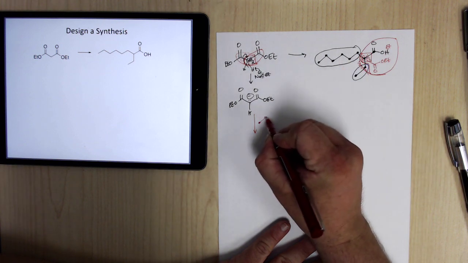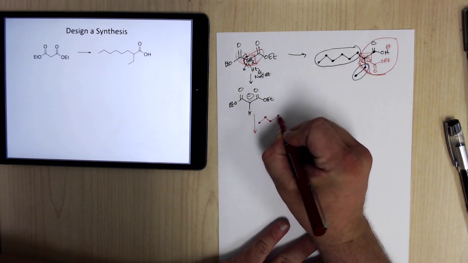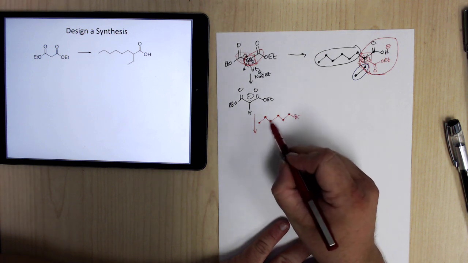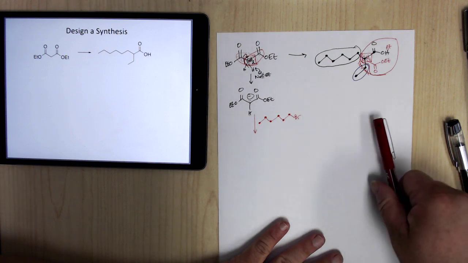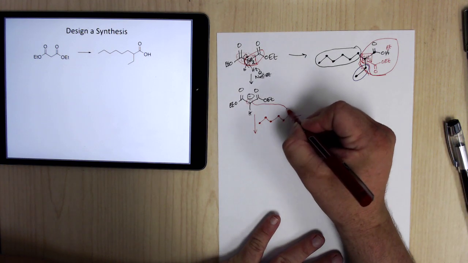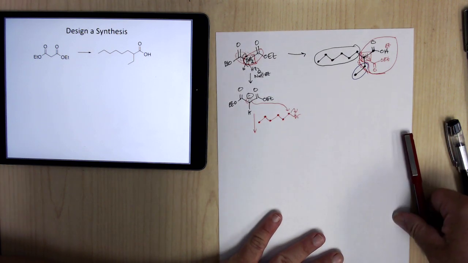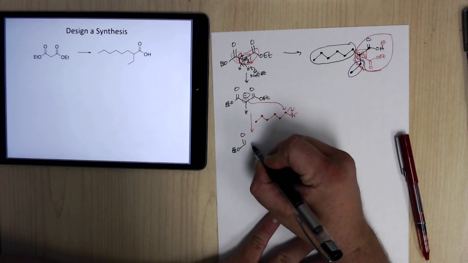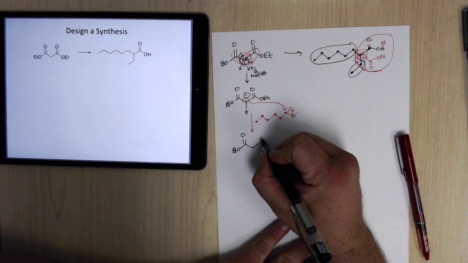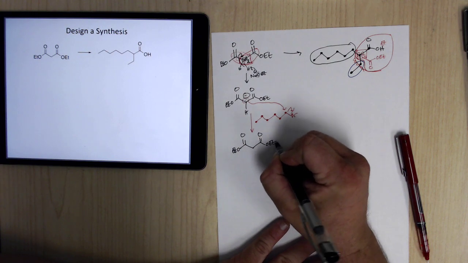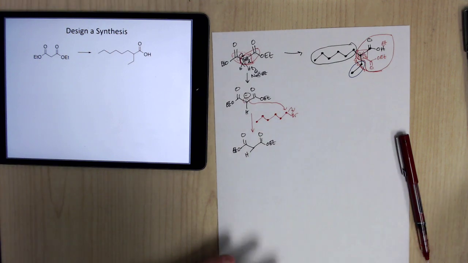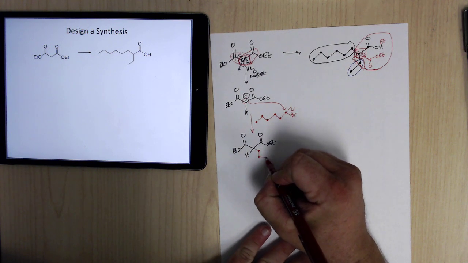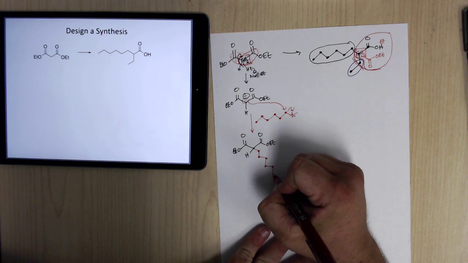So we're going to need to put in a 6-carbon piece, 1, 2, 3, 4, 5, 6 with a bromide. So that is going to attack there, kick this away. So we're going to end up with a 6-carbon piece onto it. 1, 2, 3, 4, 5, 6.